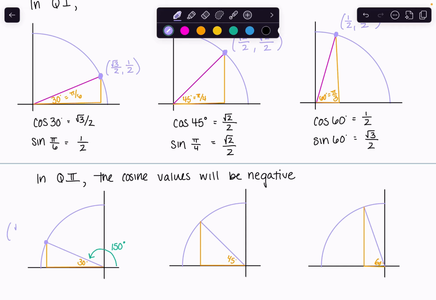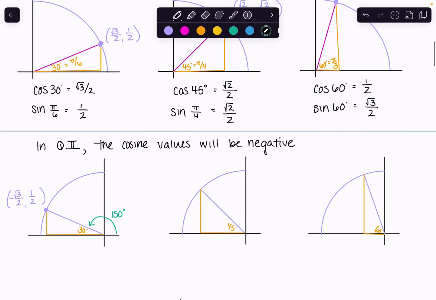It is still going to deal with root 3 over 2 and a half. But because I'm in quadrant 2, my x value is negative, because I really just reflect this over based on symmetry. So what this tells me is when I look at cosine of 150 degrees, it is equal to the x coordinate, which is negative root 3 over 2. And then sine of 150 degrees is the y coordinate, that is 1/2, okay?